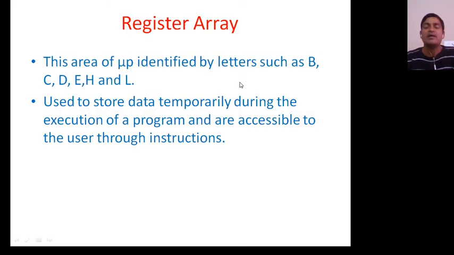There are also the accumulator, flag register, stack pointer, and program counter. Later on, we will see the different types of registers. And you are already aware of registers from logic design. What is the main function of a register? To store temporary data. Okay, and these are important.